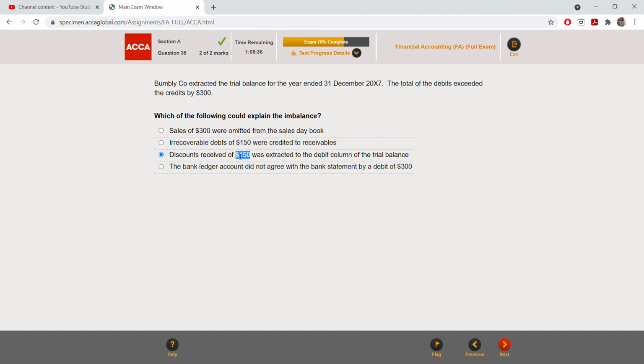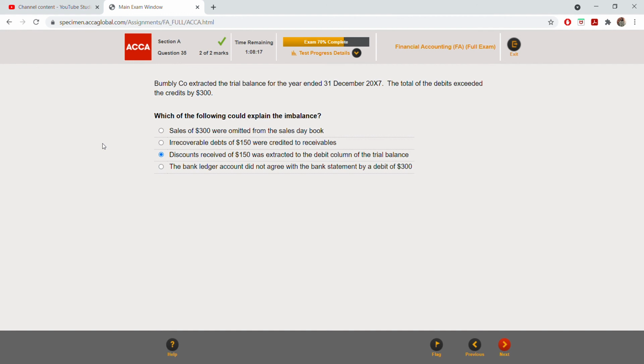Discount received was on the debit side. So when you want to correct this error, if you put credit 150, what happens? Before it was debit 150, now it is credit 150, both cancel out to 0, right?